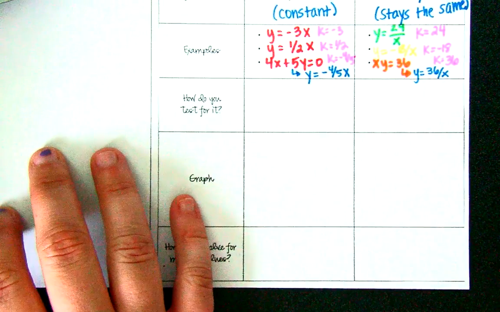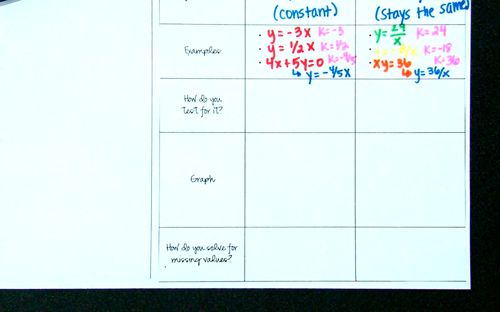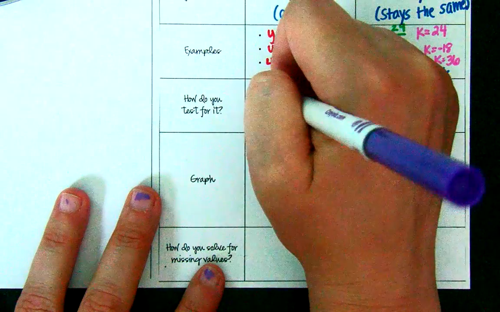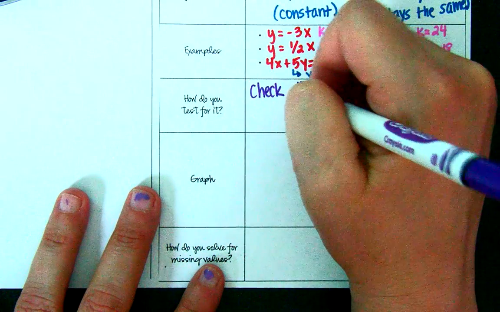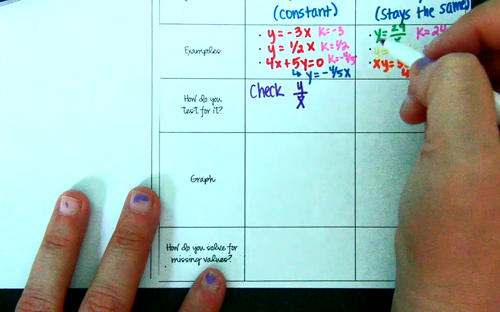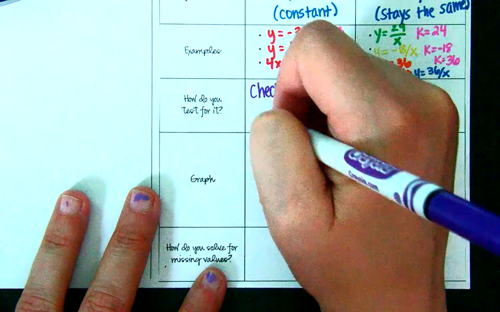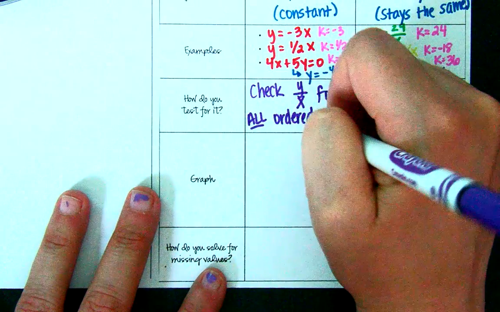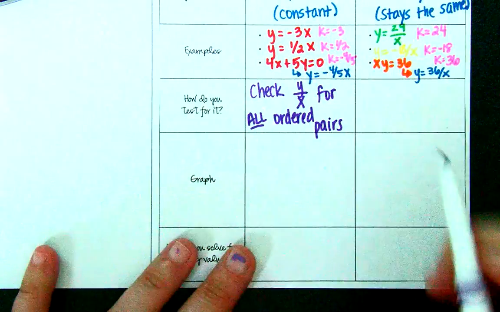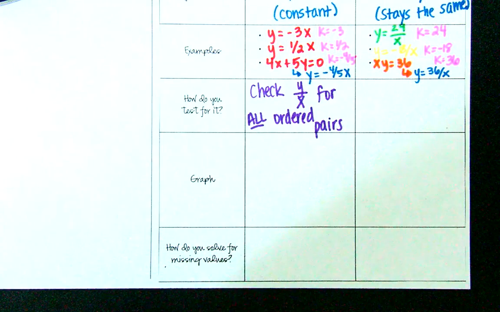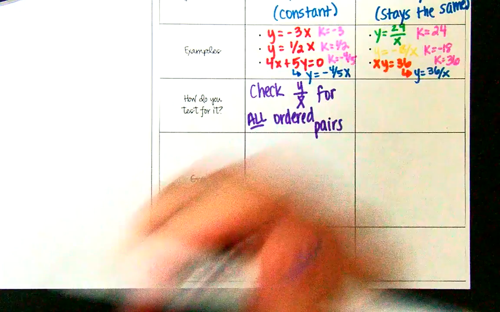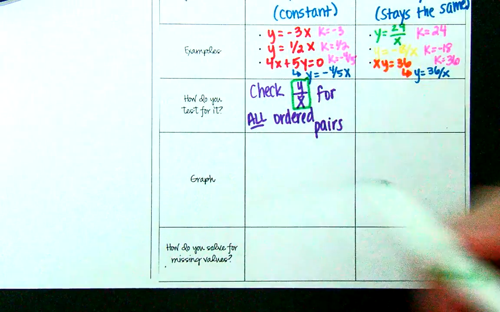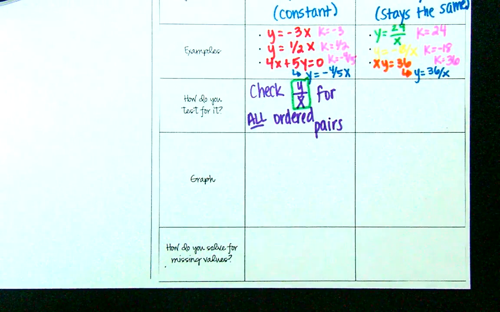Now, how do we test for it? How do we test to see if it's direct variation? We take the y value divided by the x value for all ordered pairs. If they all equal the same number, then it's direct variation.